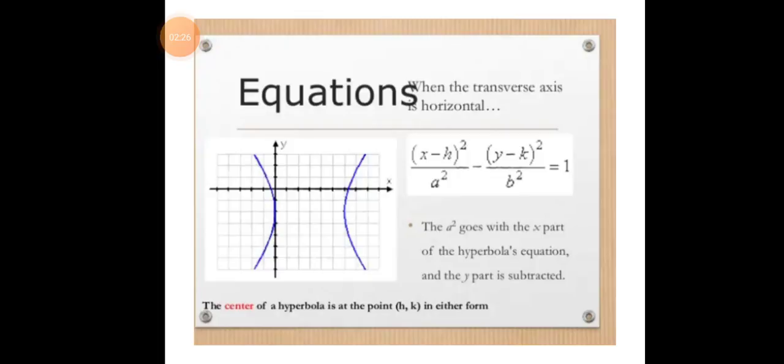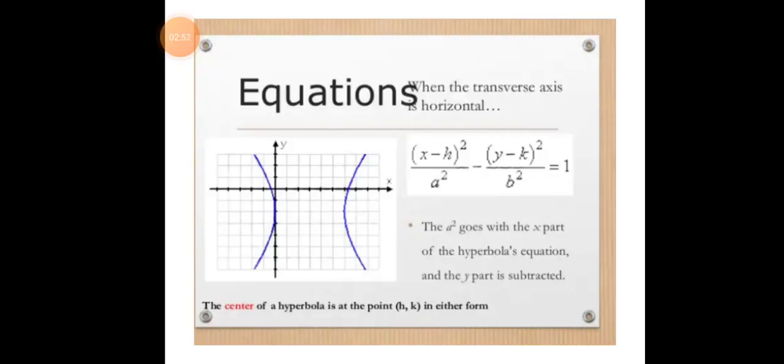Then the equation when the transverse axis is horizontal: x minus h squared divided by a squared, minus y minus k squared divided by b squared, equals 1. The a squared goes with the x part of the hyperbola's equation and the y part is subtracted.